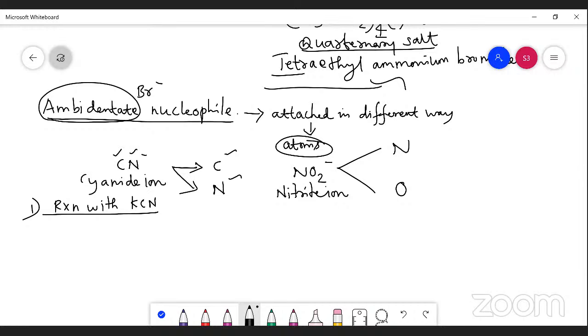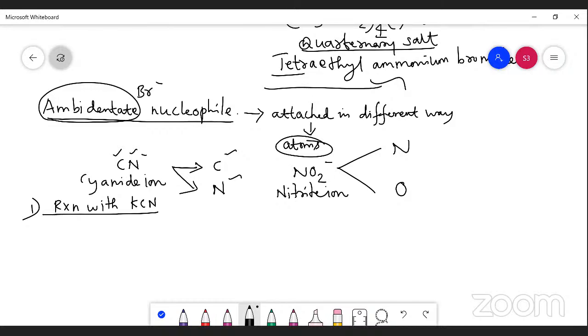So in the first reaction, we had taken a nucleophile with only one atom that could attach. Now we are going to the same type of nucleophile, the ambident nucleophile, where the atoms can be attached in different ways. If I take cyanide, in one reaction C will be attached, in another reaction N will be attached.